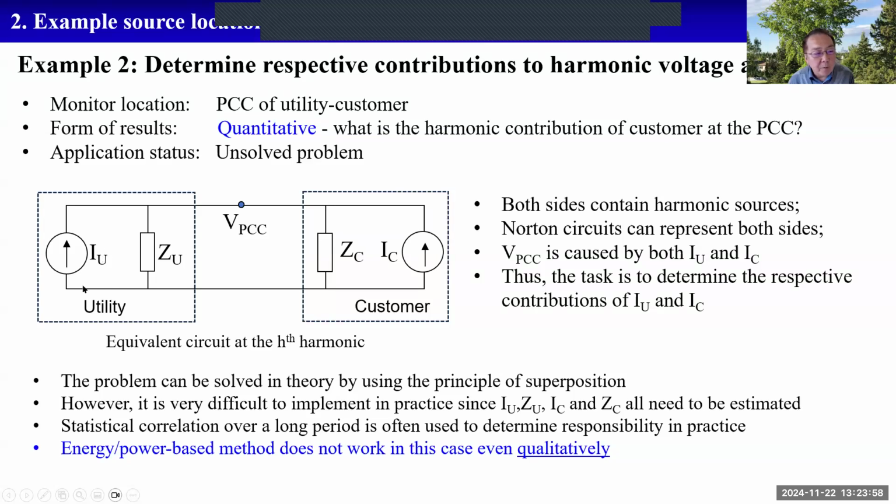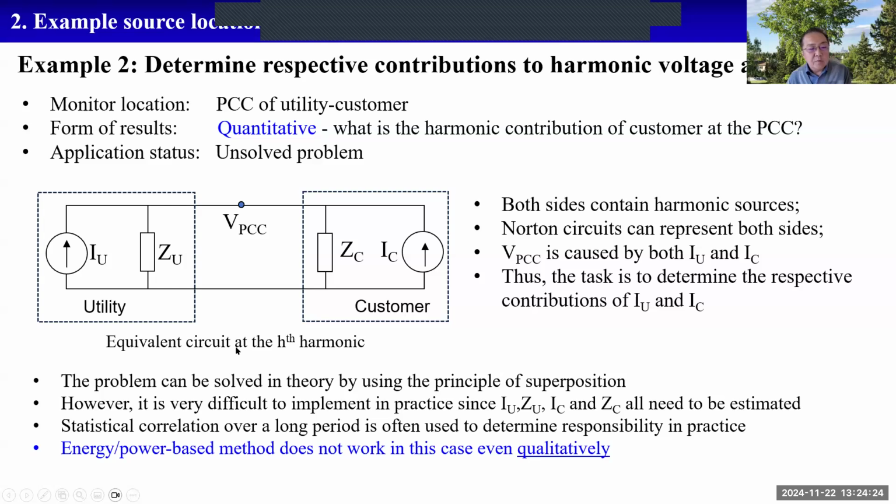Therefore, both sides can be represented as Norton circuits. So the harmonic voltage VCC at this point is caused by both the customer harmonic source and the utility harmonic source. Thus, the task is to determine the respective contributions of IC and IU at this point.